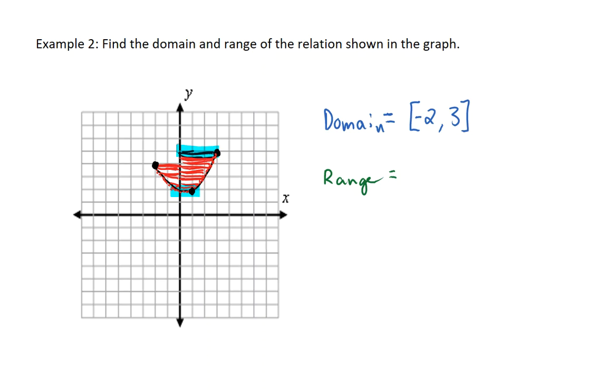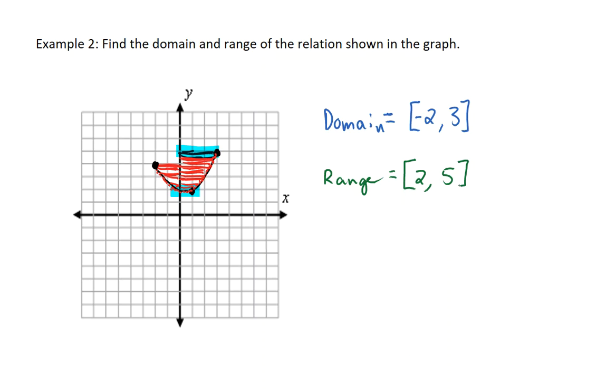So all of those points, their y values are somewhere between 2 and 5. So the interval notation on that would be the interval from 2 to 5. Remember, when you're doing interval notation, you're always doing the smallest number first and then the biggest number. But that's what you do.